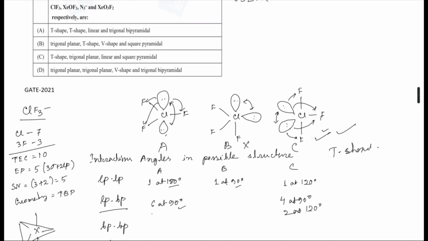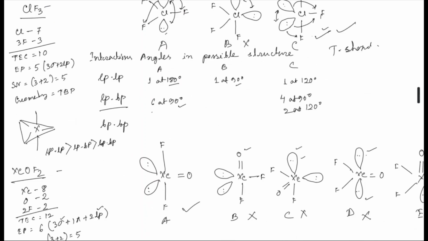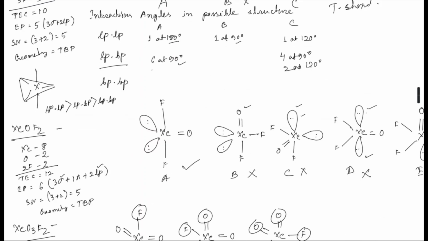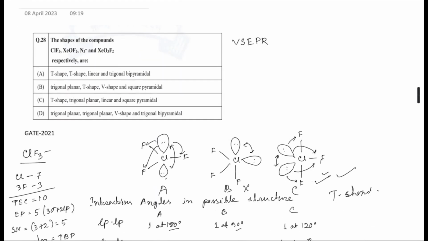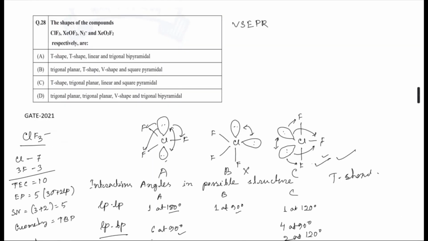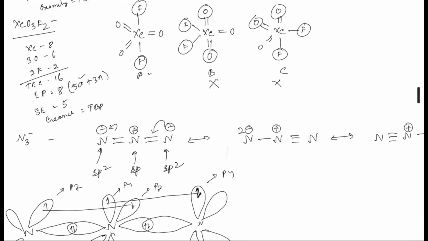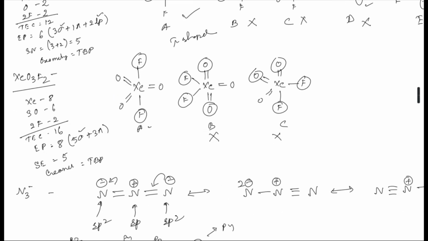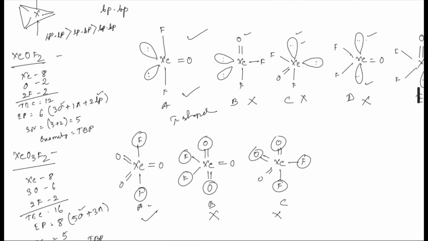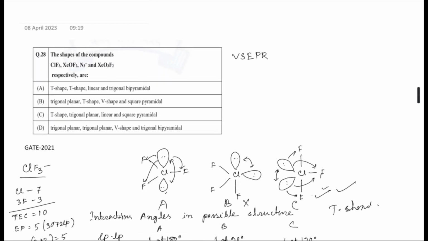Now for XeOF2, this is preferable, so this is also T-shaped. And N3 minus is linear, and XeO3F2, this is preferable, so this is trigonal bipyramidal. T-shape, linear, trigonal bipyramidal. So A will be the correct answer.